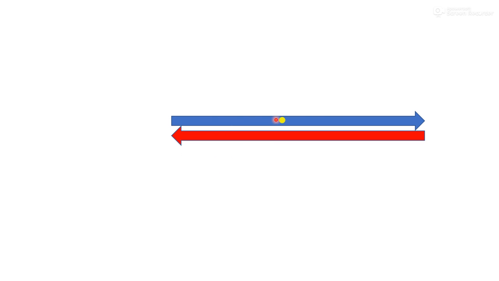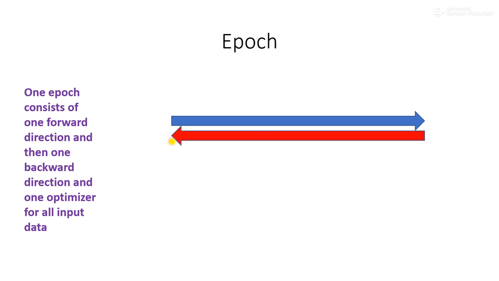Then you move back again; this is called one epoch. So if you move forward and then move backwards, this is called one epoch. One epoch consists of one forward direction and one backward direction, the red color, and the optimizer executes. The optimizer function is called, with the learning rate, for all the input data.